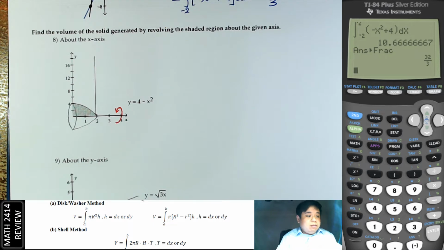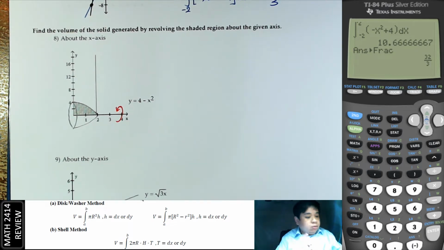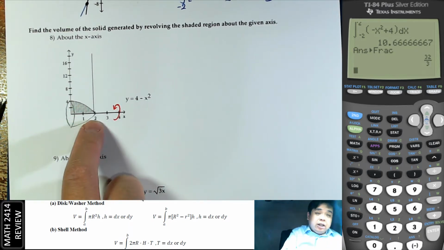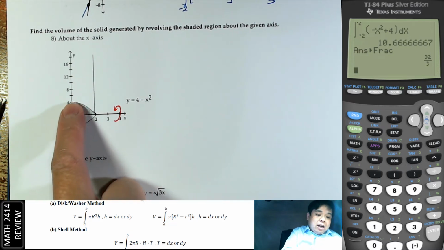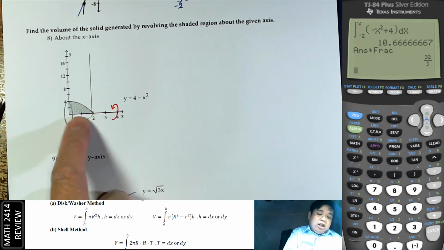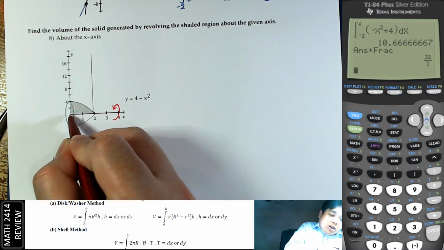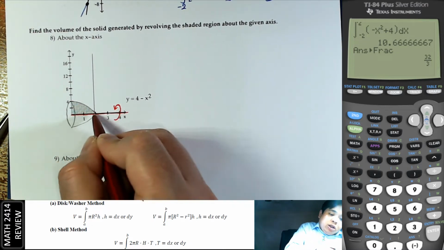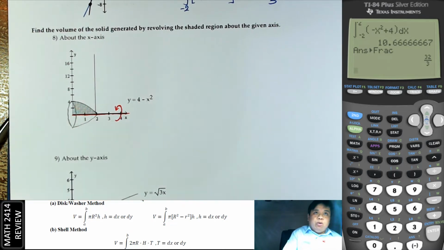Right, now we can use the disk or the washer method or the shell method. On this one, I'm just going to use the disk or the washer. Particularly, we see that the axis of rotation is part of the region. This is the axis of rotation, which belongs to the region itself.